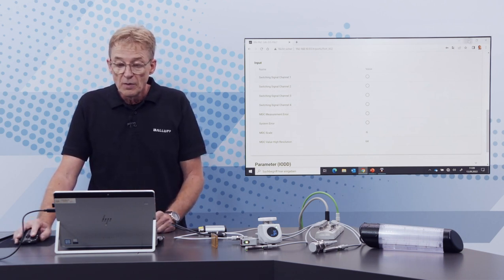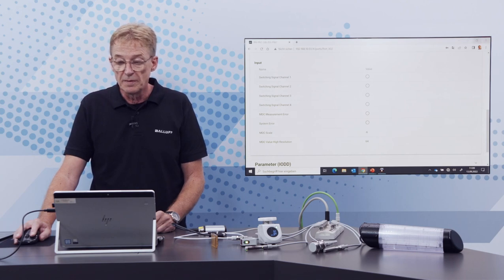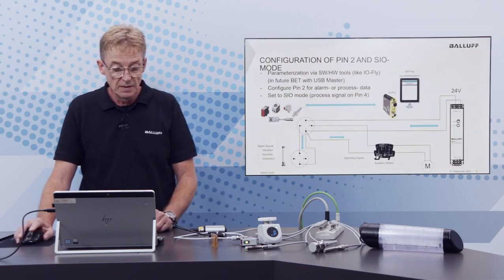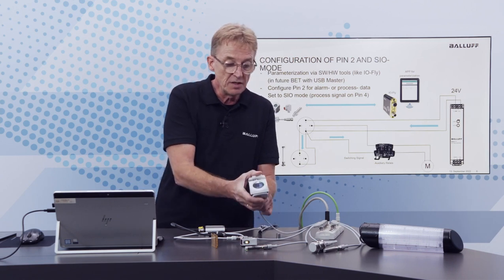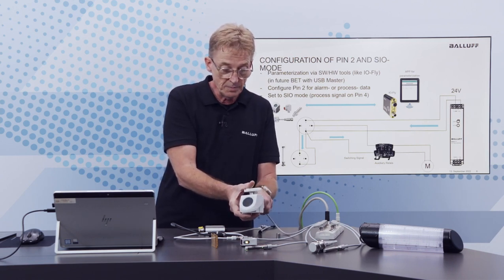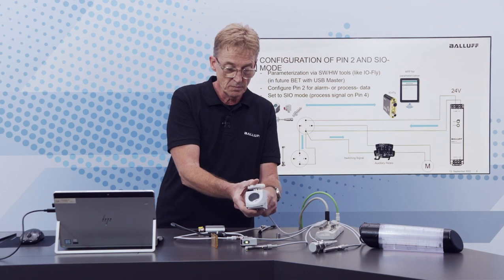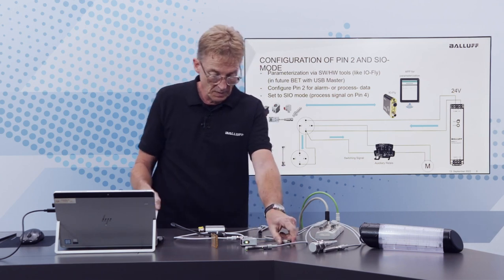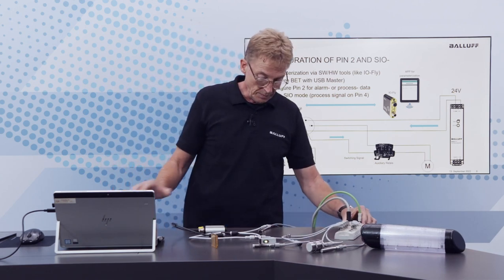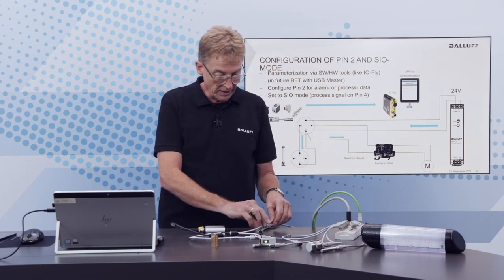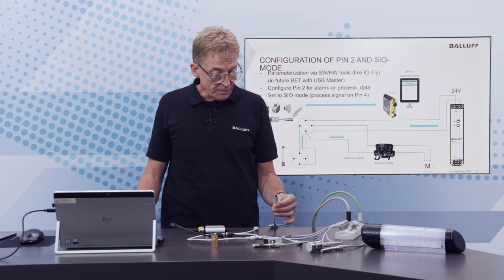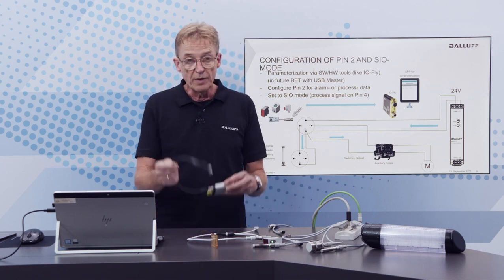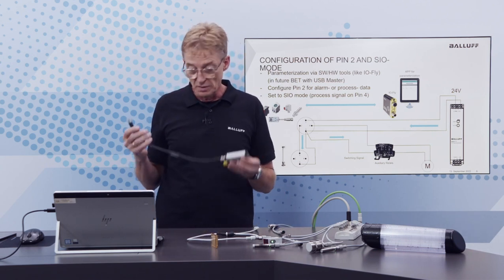For this we can close the web server and we will disconnect the BDG from the topology. And now we don't use the IO-Link master anymore. We just have a 24 volt power supply here, and we are using this configuration device.